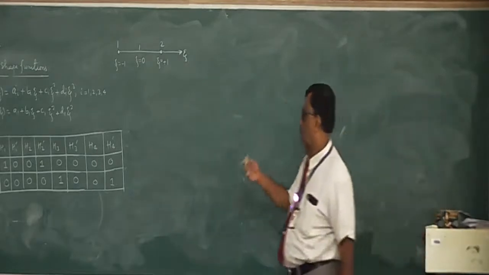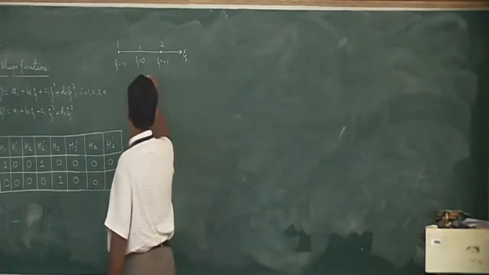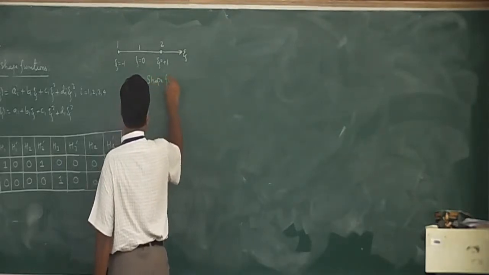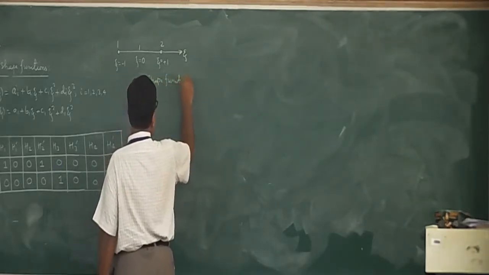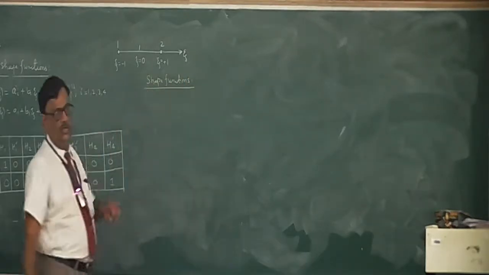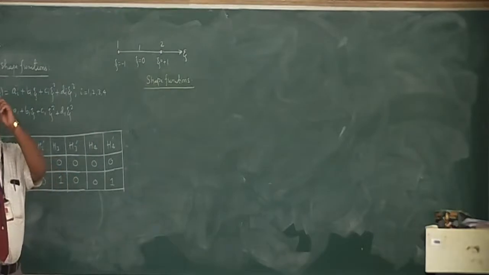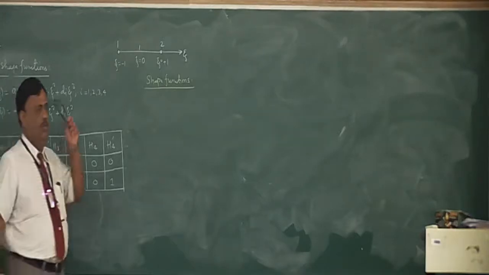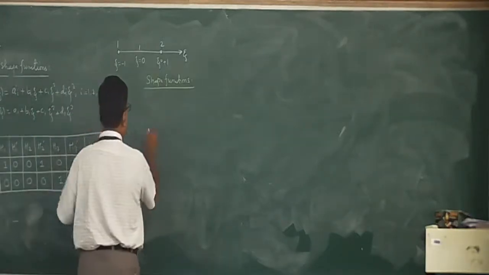Let me show you the variation of these shape functions along the length of the element. Shape functions, for example, as I told you, H1, H2, H3, H4. These are the 4 shape functions which will be defined now, and I am going to show you their variation along the length of the element. For example, let me show the first one.